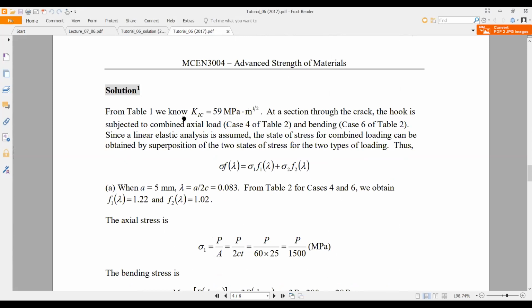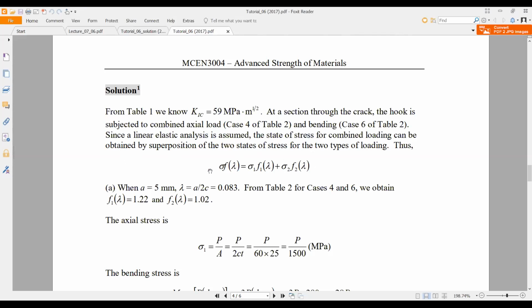From table 1, we know KIC is 59 megapascal times square root meter at the section through the crack. The hook is subjected to combined axial load, case 4 of table 2, and bending, case 6 of table 2. Since linear elastic analysis, LEFM, is assumed, the state of stress for combined loading can be obtained by superposition of two states of stress for the two types of loading.